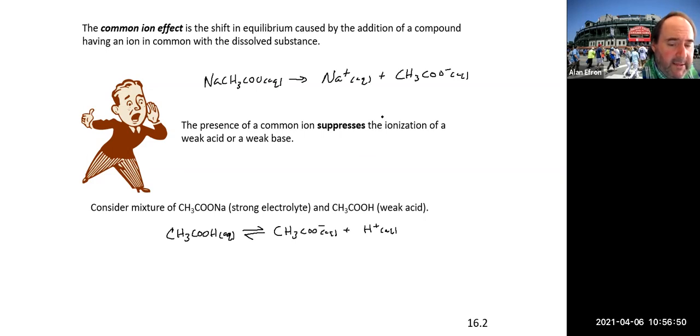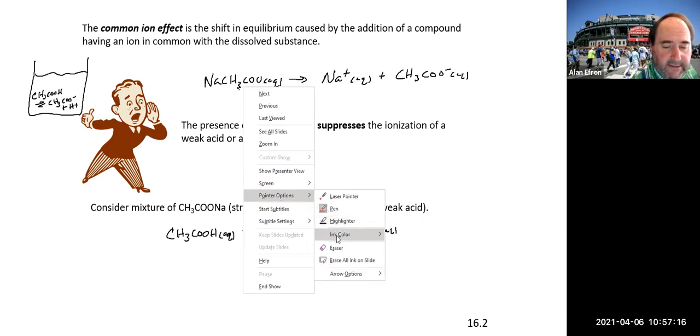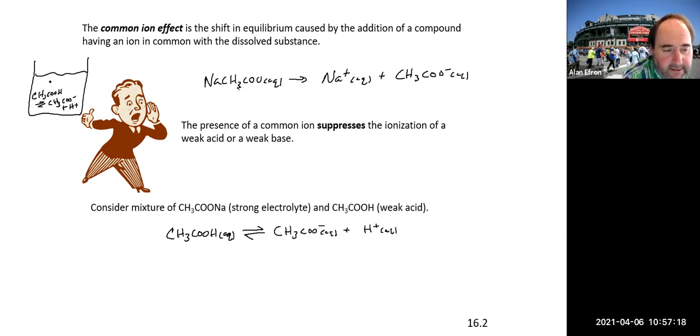If we dump both into this solution, only one thing is going to set up the equilibrium: the acetic acid. When we dump in our sodium acetate, it's just going to break apart into sodium ions and acetate ions.